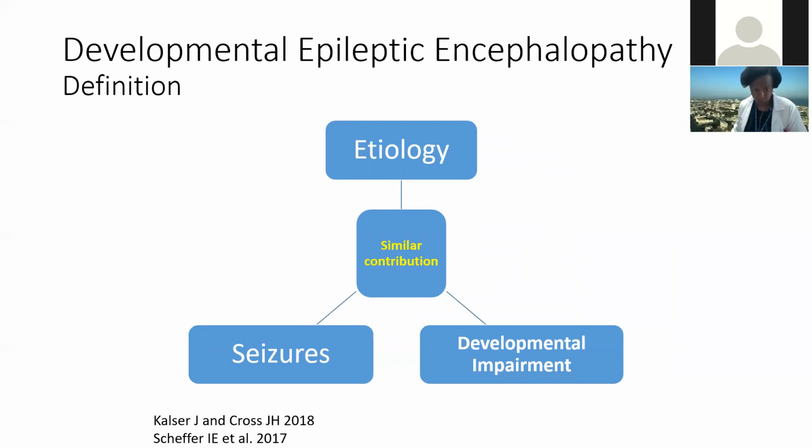Therefore, by stopping the seizures alone, we are not going to be able to have an improvement in the development score, okay? So you're going to be seeing more and more in the literature that we are using the term developmental epileptic encephalopathy, okay? So when we are talking about developmental epilepsy, we are really talking about developmental epileptic encephalopathy.